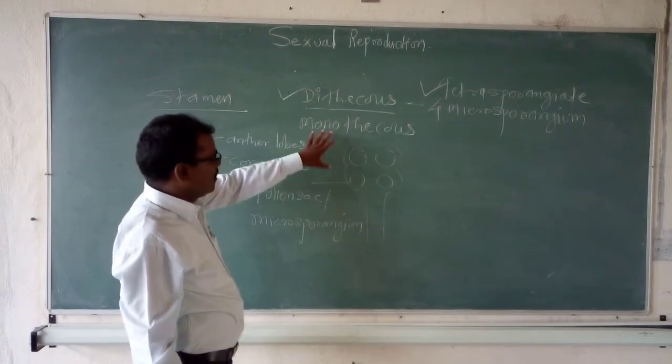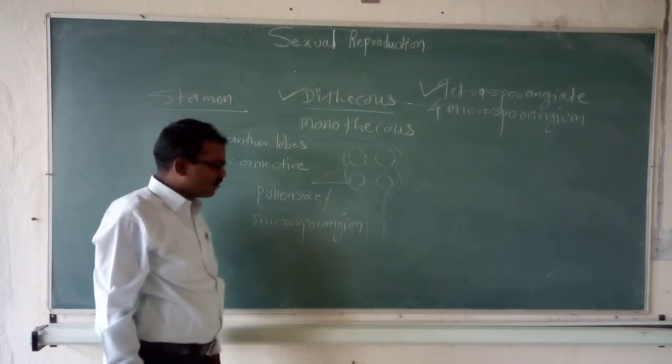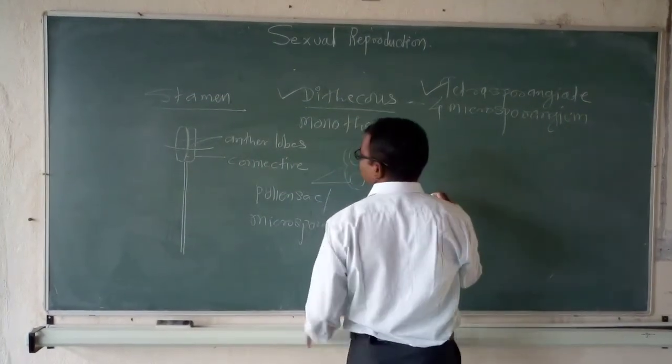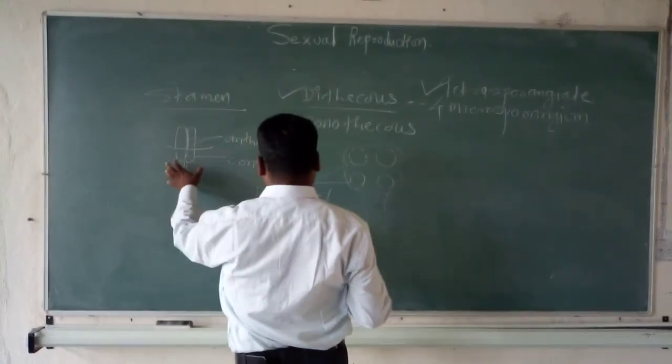Now the development of the anther takes place from some hypodermal cells. This is the structure of the stamen.